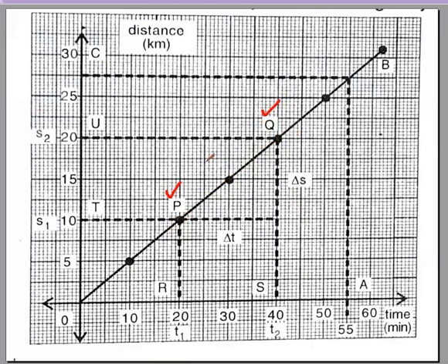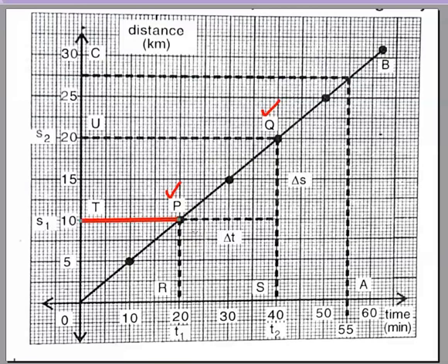Now, we know that to find out speed, we need 2 quantities, that is distance and time. At this point P, if we want to find out distance, we need to draw a perpendicular line from point P towards the y-axis. That would give us 10 kilometer distance.